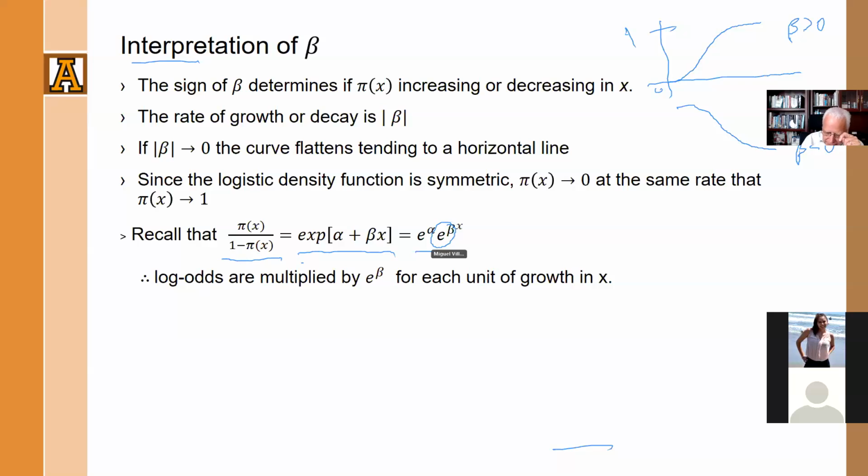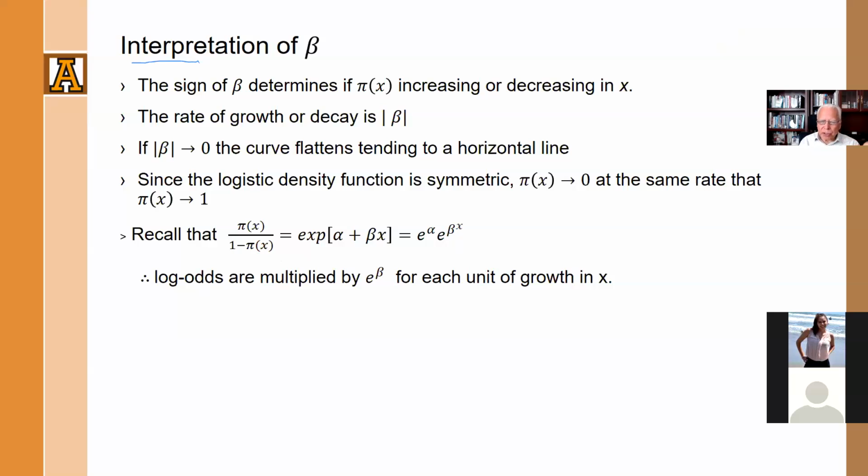If I go from X equal to 1 to X equal to 2, and X is continuous, then the odds will be multiplied by e to the beta for every unit that I increment X.